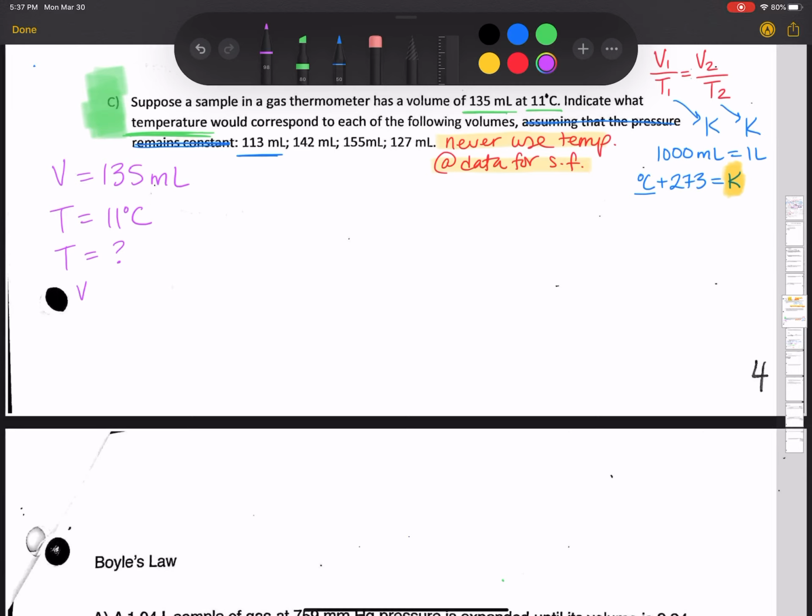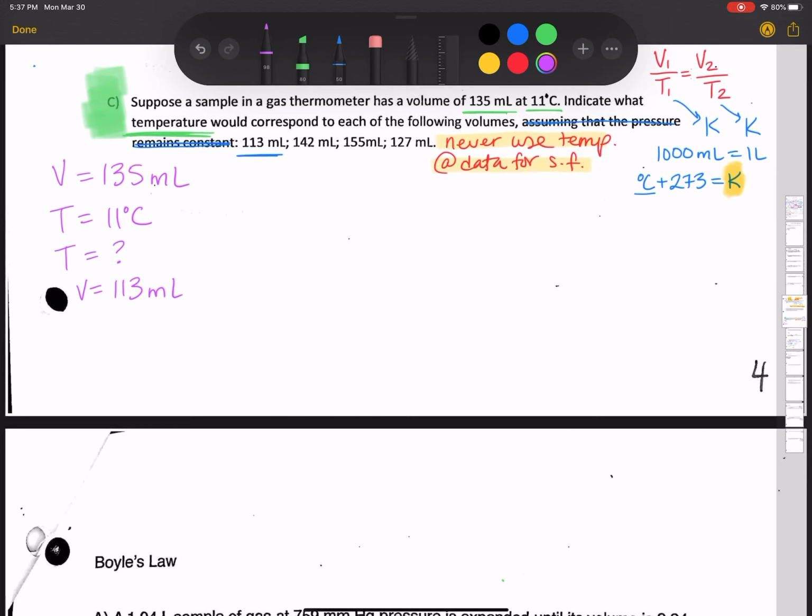The first volume that I'm going to look at is 113 milliliters. I wrote them out to the side just because there's not enough room here for me to label it on my question. I would encourage you to follow along the same way that I am, just to make things a little bit smoother for you. So I now have to figure out who's V1, T1, V2, and T2.